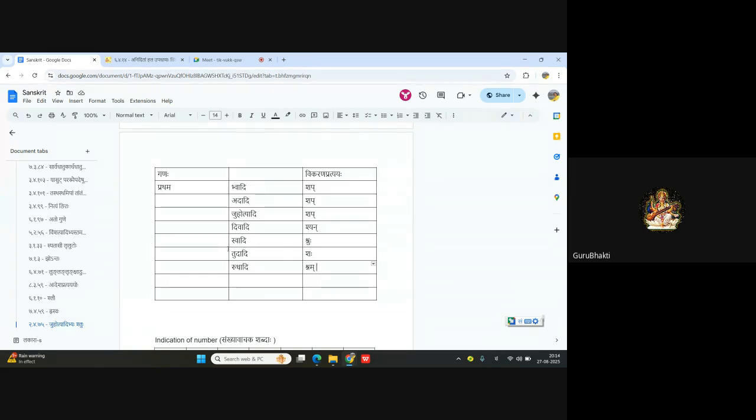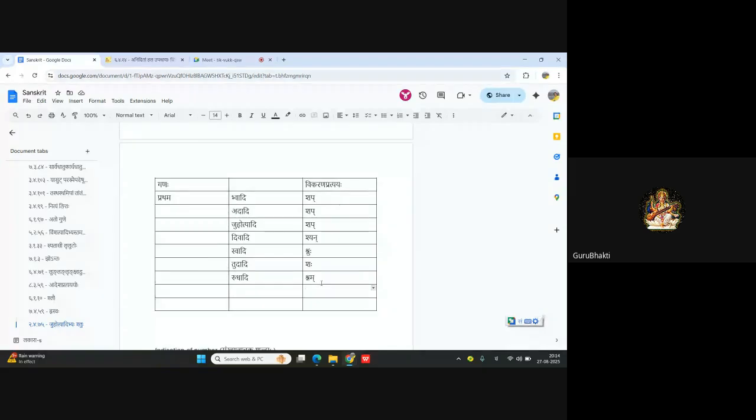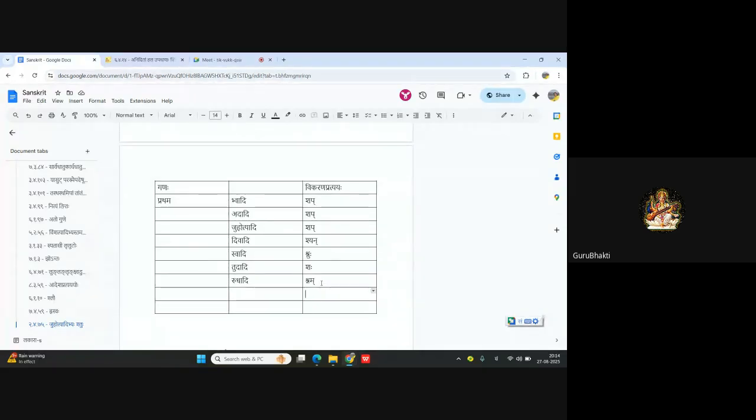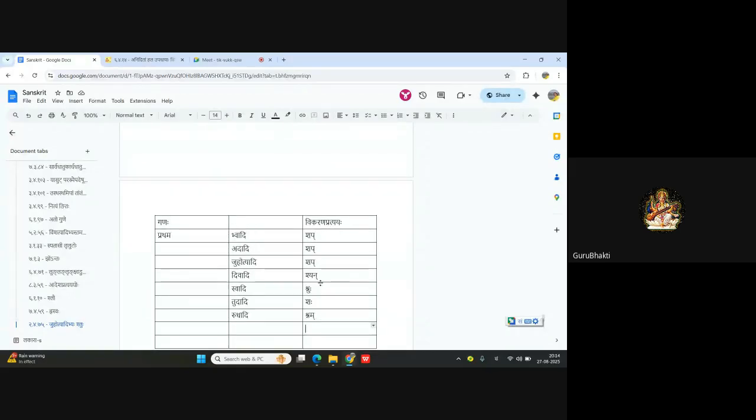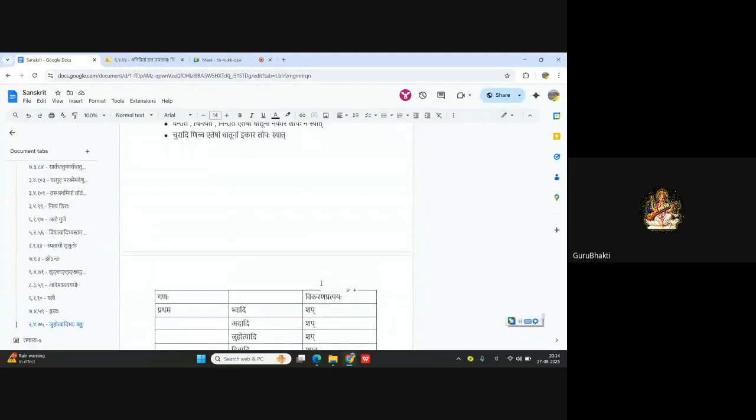I'm just leaving it. Rudadibhyaha dhatus will get shnam as vikarana pratyaya. This much you understand for now. If we study those sutras, then at that time we can look at all these. Otherwise, it will be very difficult to understand.